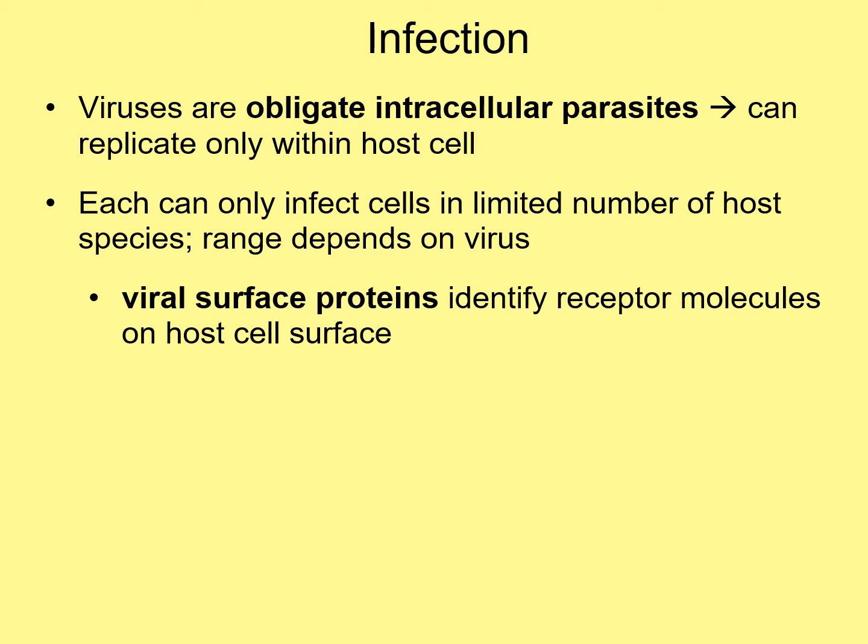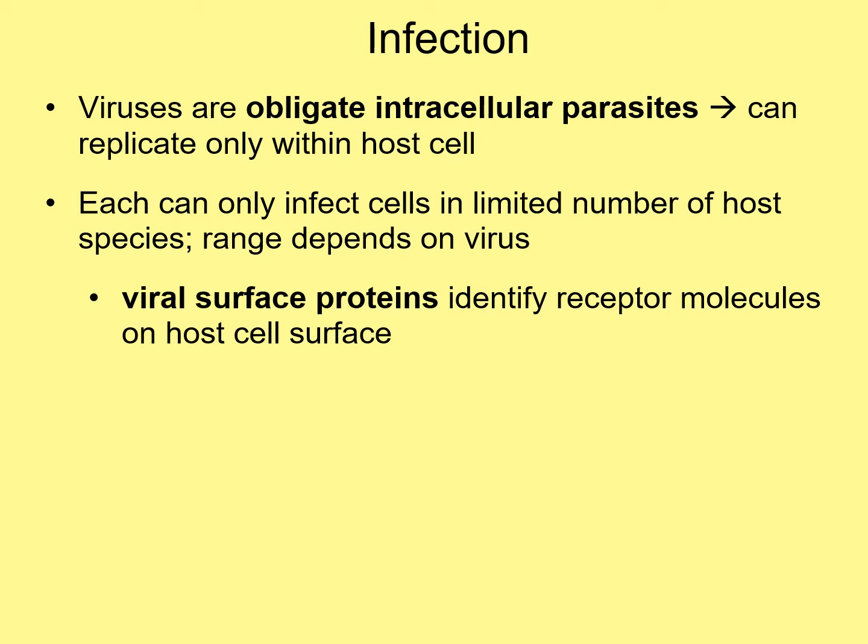And the reason for that is we have an arms race going on. Our cells, and bacterial cells, are constantly mixing and matching our surface receptors to try and keep the viruses out, try and keep them from penetrating our host defenses. In particular, this is true of bacteria.